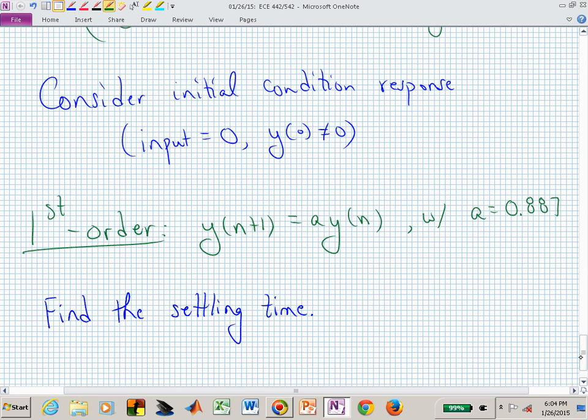Is this system stable to begin with? Is it well behaved? Why is it stable?